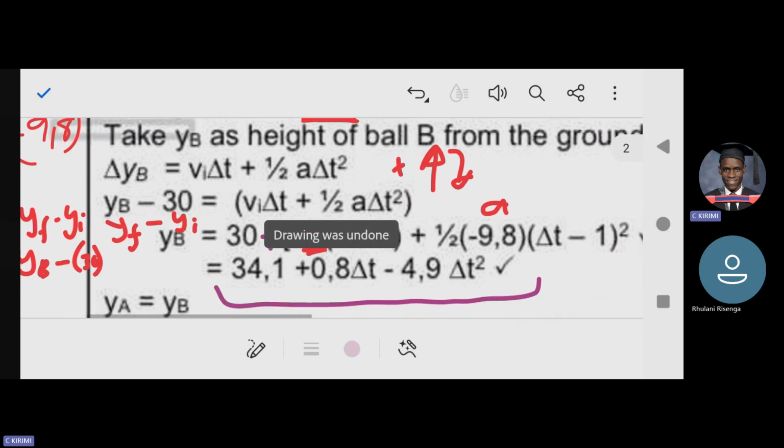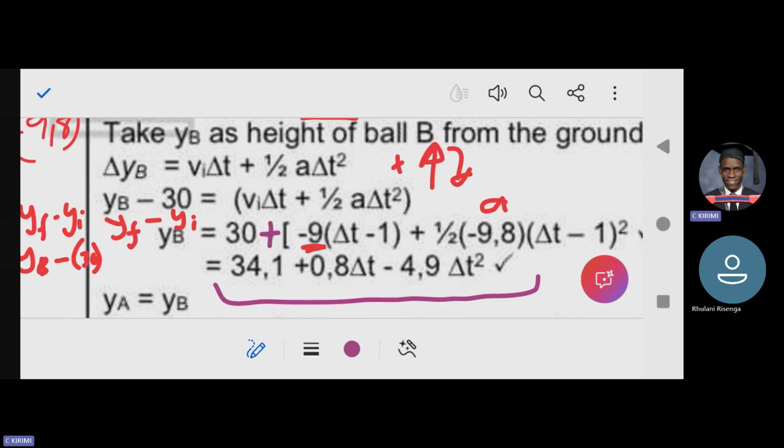For A, it's fine. But where you'll be tempted to put a negative, what was here, if you fail to interpret it. Because you might think that since now I'm going downwards, I have to take this as positive. Yet you said that down is negative. So if you want the negative 9.8 to be positive, the down should also have been positive.